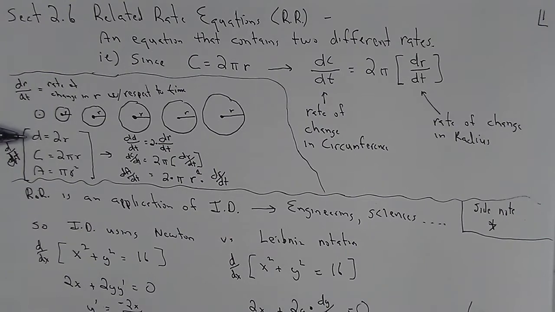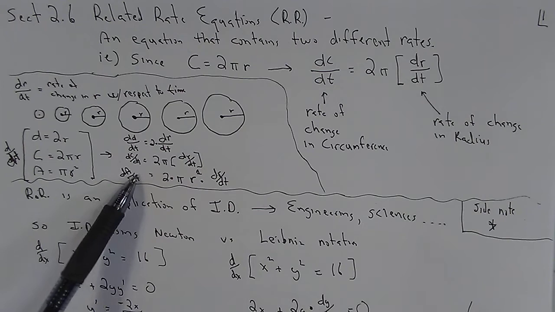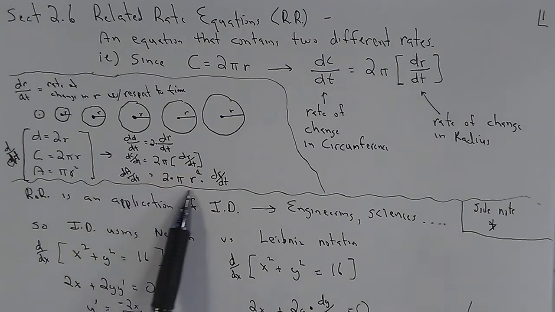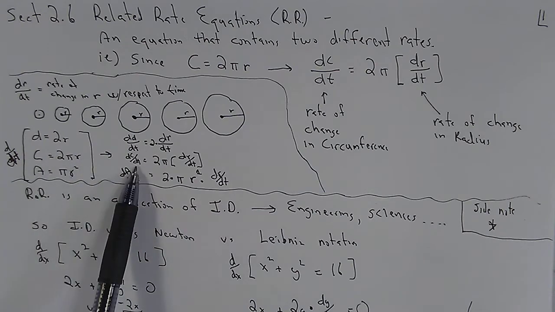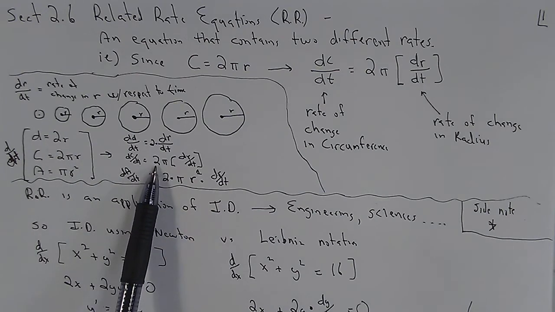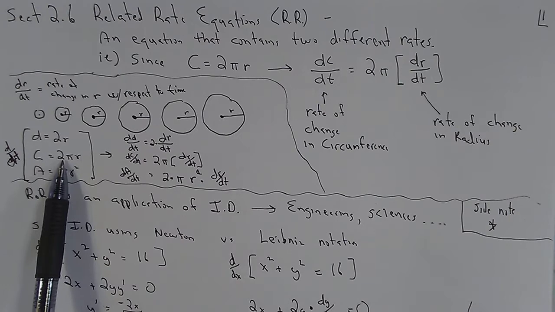All right, so we're going to use implicit differentiation to take the derivative of these quantity equations, and when we take that derivative, we're going to end up with related rate equations. So here's the three rate equations that correspond to these three equations.